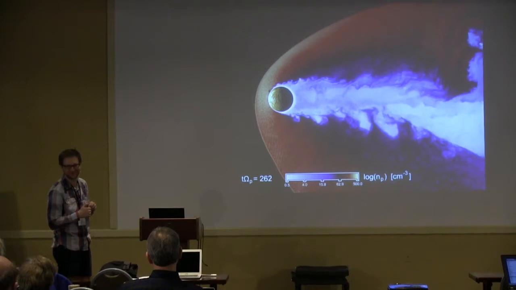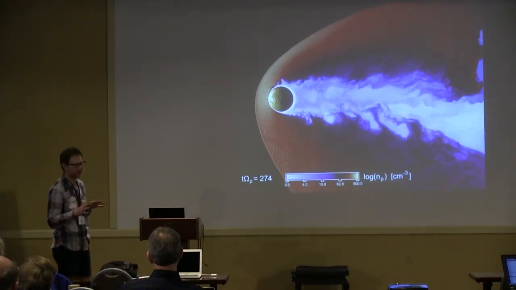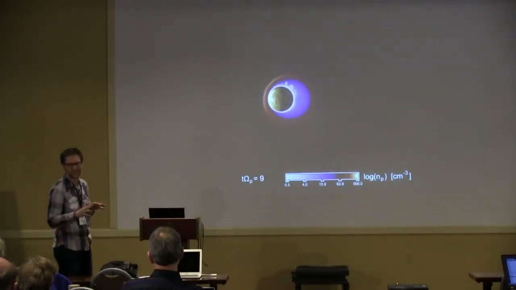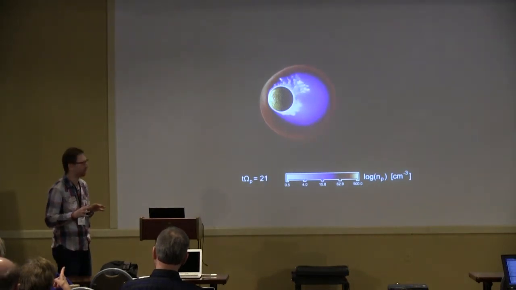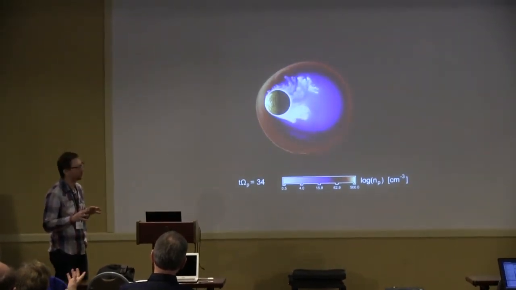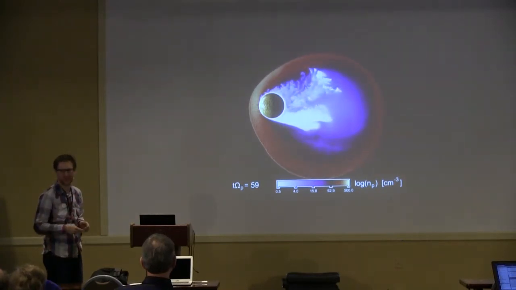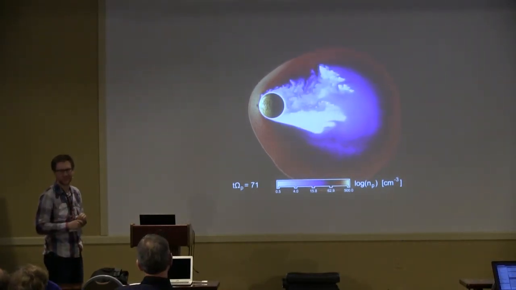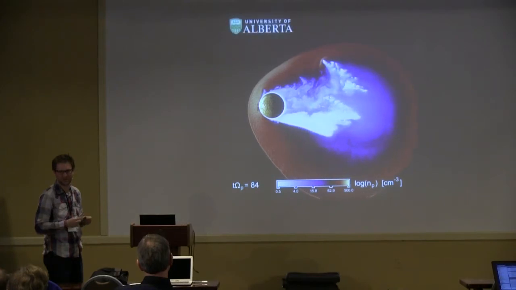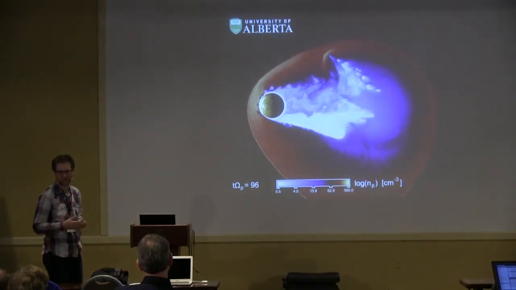No, I didn't. Let's be careful, this is a 2D simulation, and if you don't have any source of plasma coming from the tail, then you start losing all the material from behind the planet, and there is no new source.